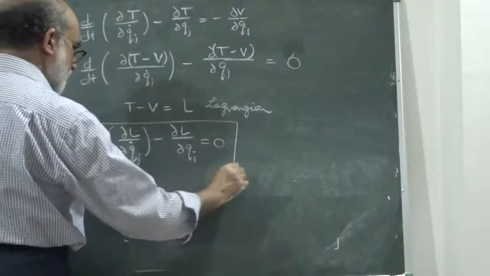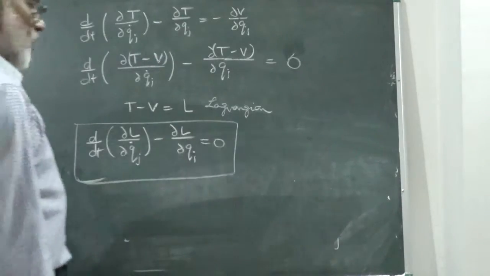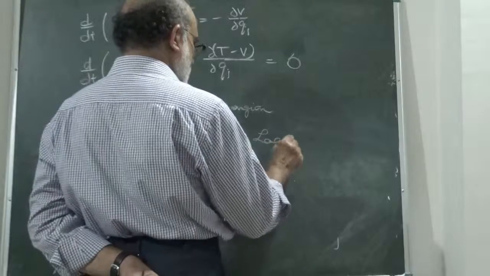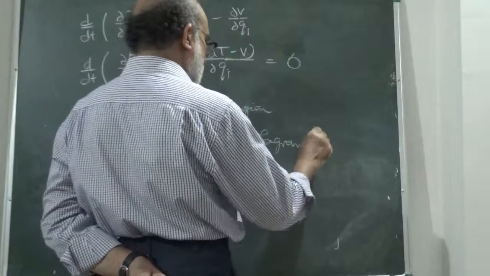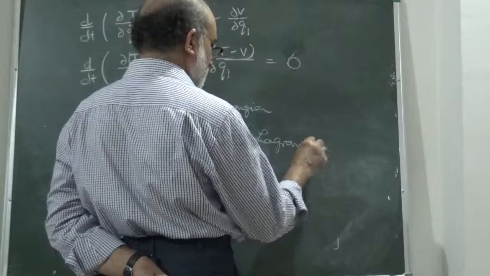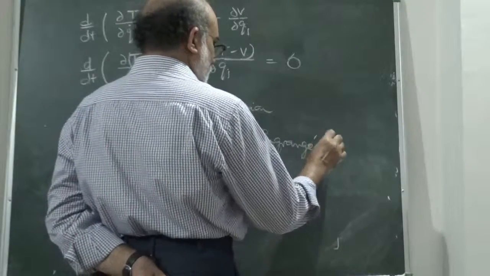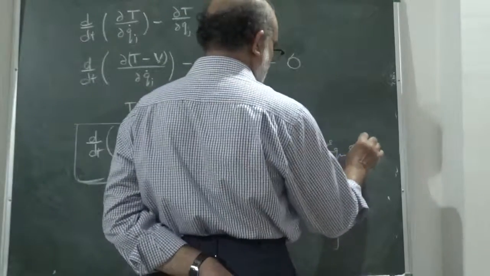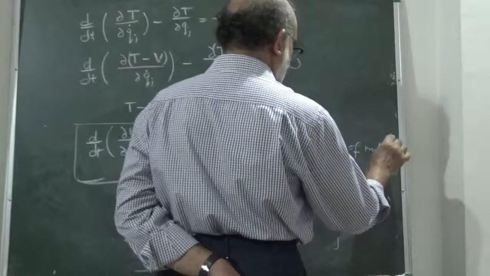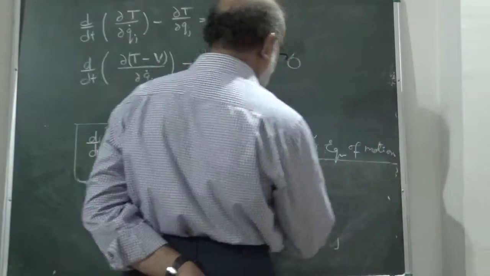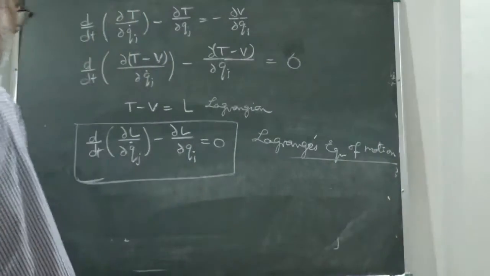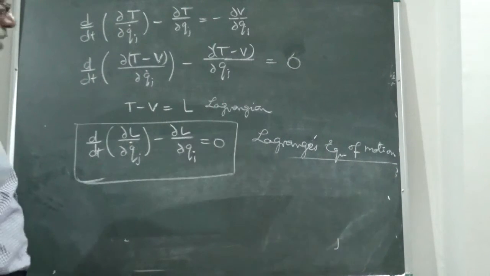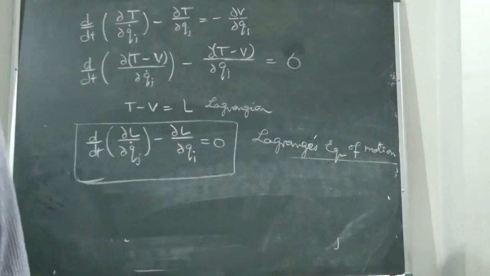So this is our equation of motion for conservative force field, and this is called Lagrange's equation of motion. Lagrange's equation of motion is nothing but the same D'Alembert's principle, or you can say the equation of motion in terms of generalized quantity. And in the next classes, we will do some problems using this equation of motion. Okay, thank you.